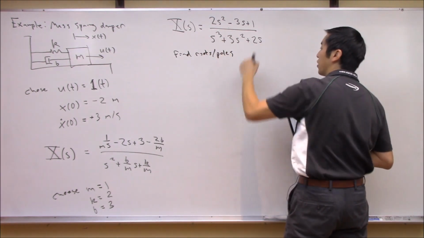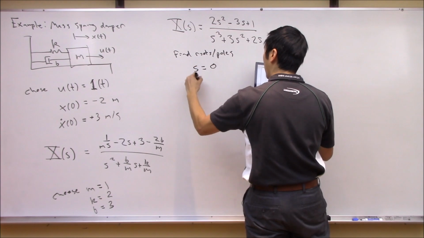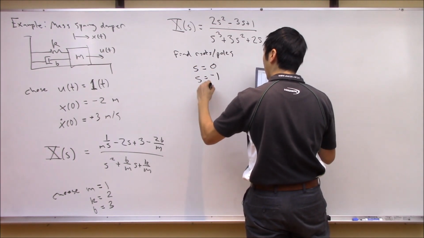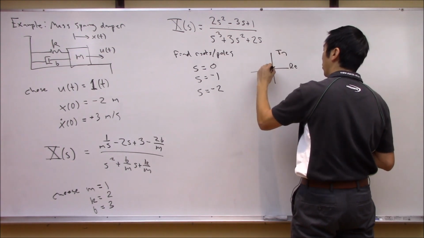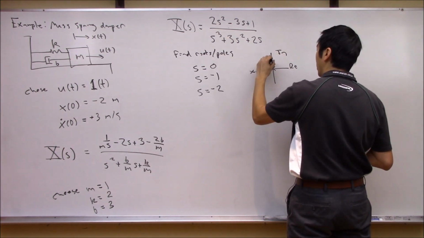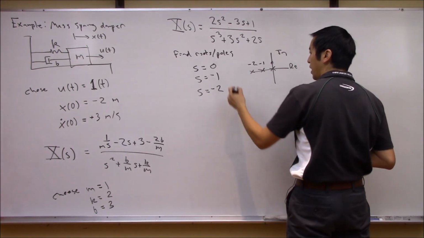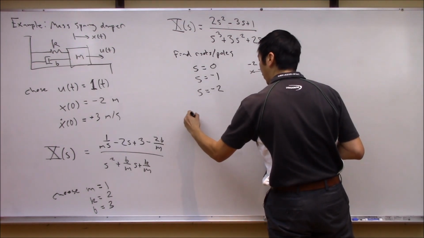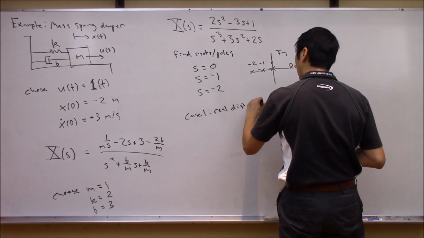So basically solve the denominator, and we're going to see that you've got poles at s equal to 0, s equal to -1, and s equal to -2. To plot this on the real imaginary axis, you've got a pole at 0, -1, and -2. In this case, none of them are repeated, so we are in the situation of case 1, where you have real distinct poles.